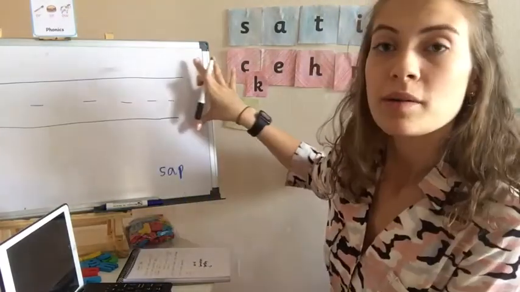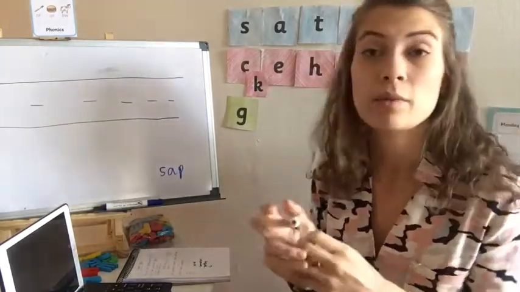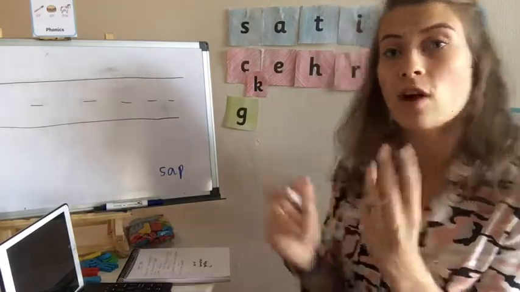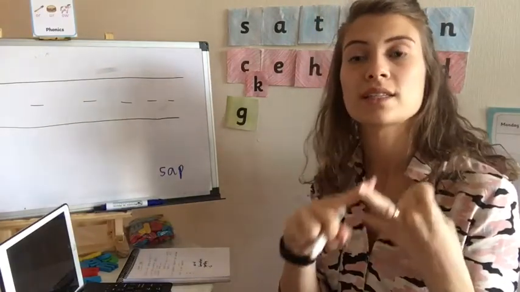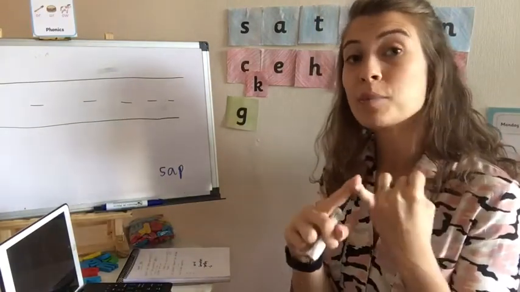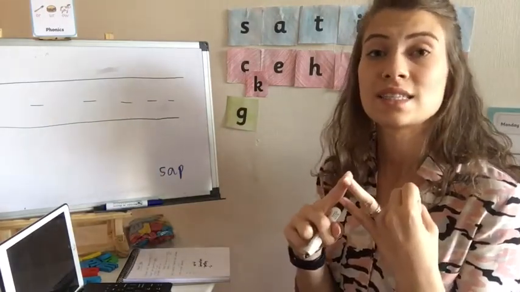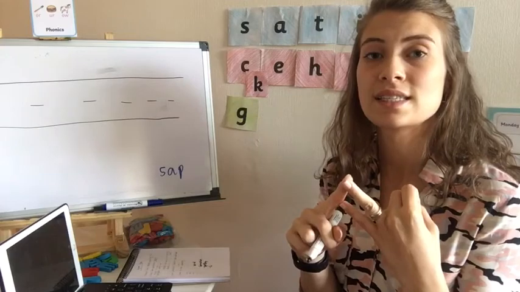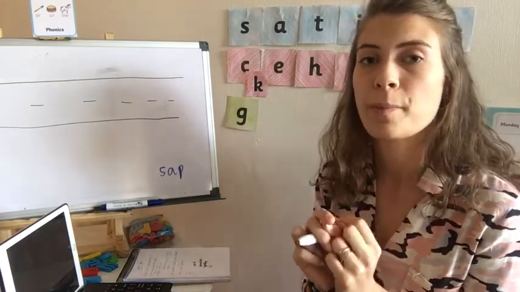Well, I have my notebook here, and I'm going to trace 3 of those letters. We are going to trace the capital one and the lowercase as well, okay? The capital and the lowercase for the letter S, sound S. Then you can write it on your page.